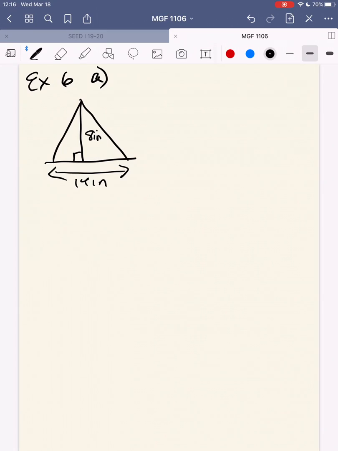Okay, and the formula for a triangle is 1/2 base times height. You can also think of this formula as base times height divided by 2. Sometimes that makes life a little bit easier. Okay, so my height is 8. My base will always be that bottom piece, 14.